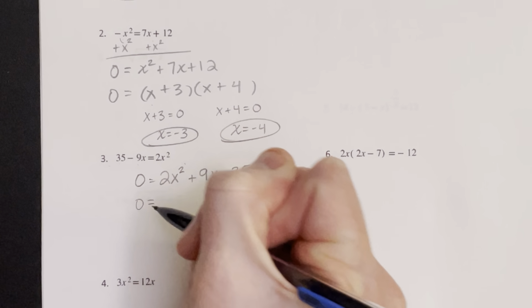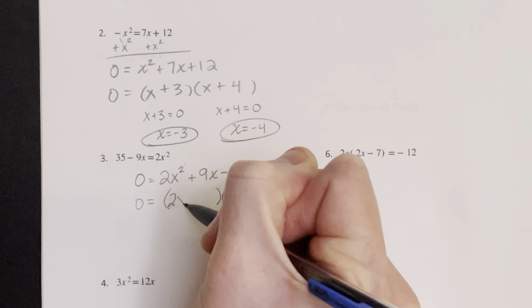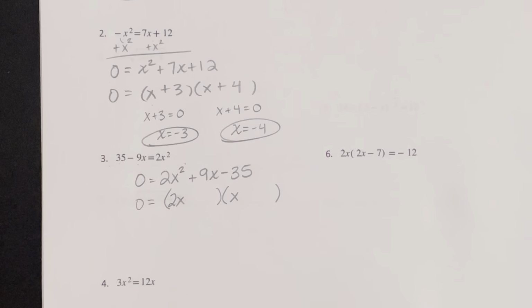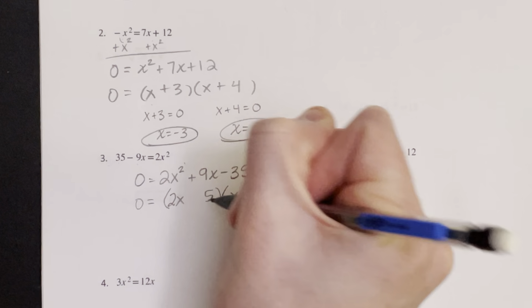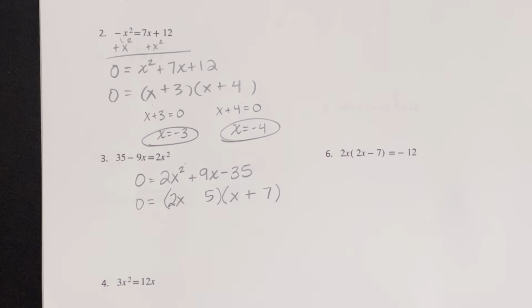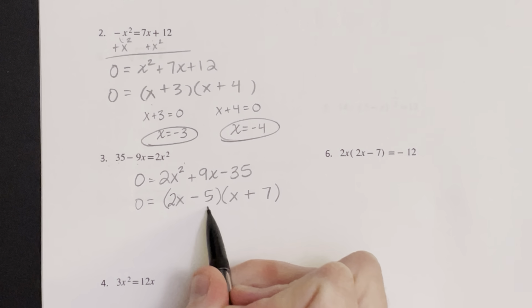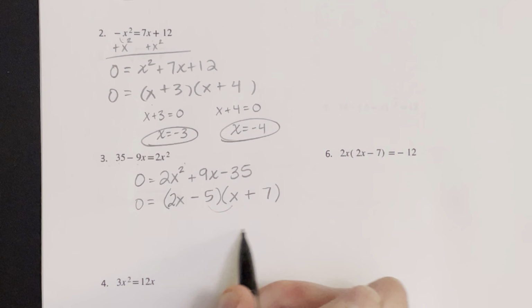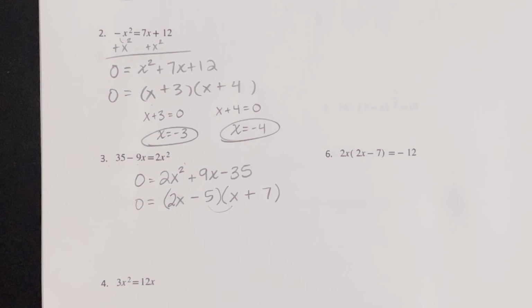Whatever factorization method makes sense to you, go ahead and use that. So I used the guess and check method, but this would end up being a positive 7 and a negative 5, because that would be a negative 5x and a positive 14x, which does combine to give you 9x.